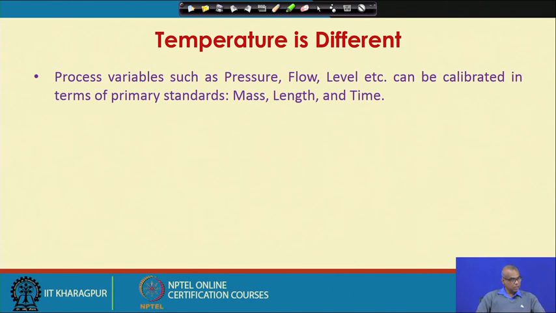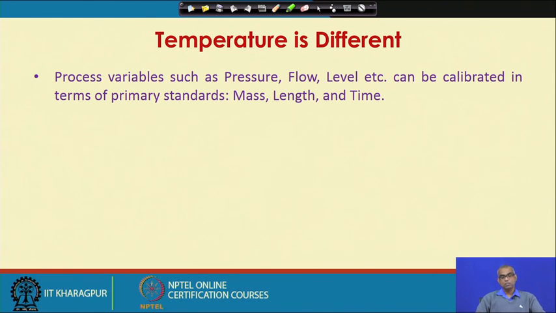Temperature is actually a different quantity fundamentally. Process variables such as pressure, flow, level, etc., can be calibrated in terms of primary standards such as mass, length and time.